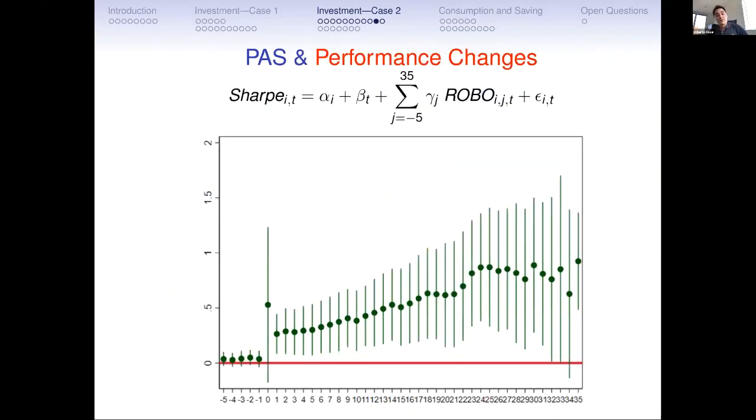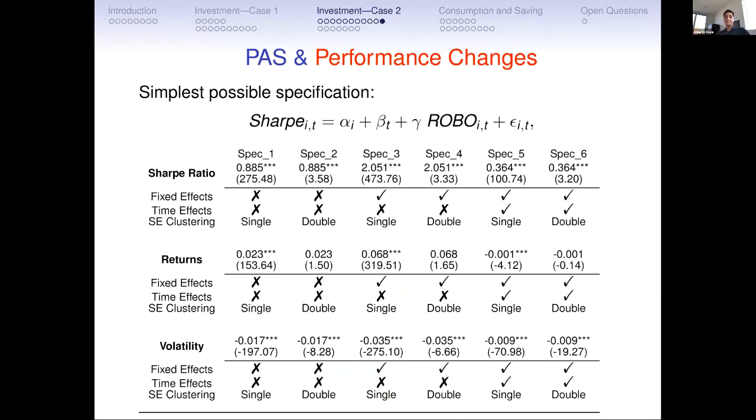Now, when it comes to performance, what we can do is effectively track the risk-adjusted performance of these individuals all the way from the 5 months before signing up all the way to 35 months afterwards. And what you see is that effectively right after the first month, you see an improvement in the performance. Where does this performance come from?